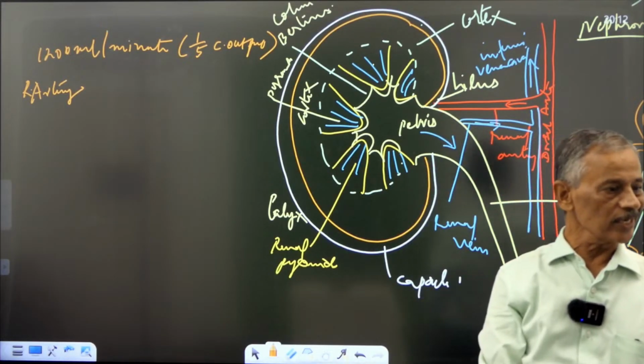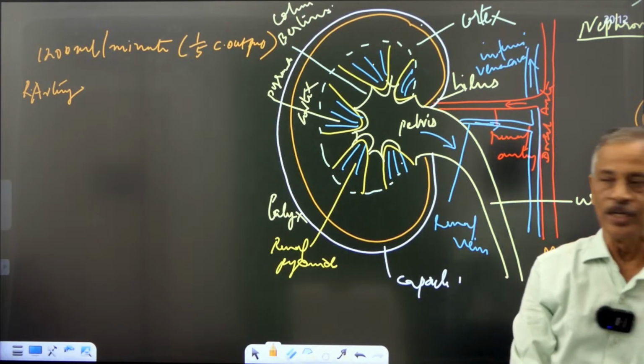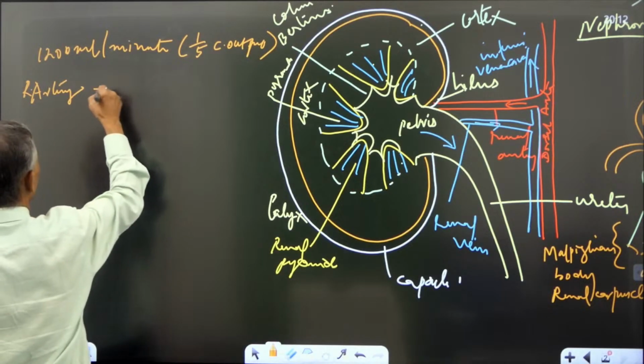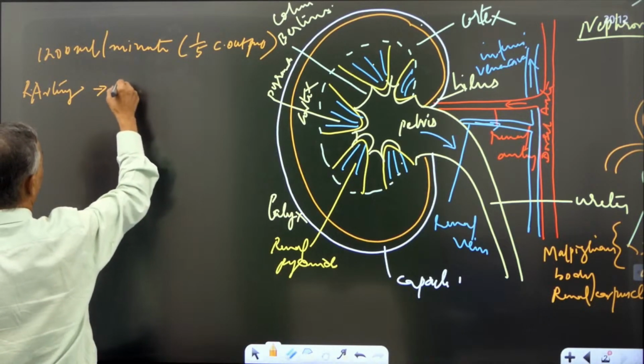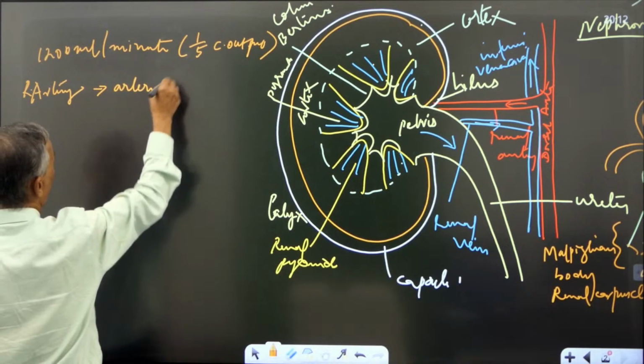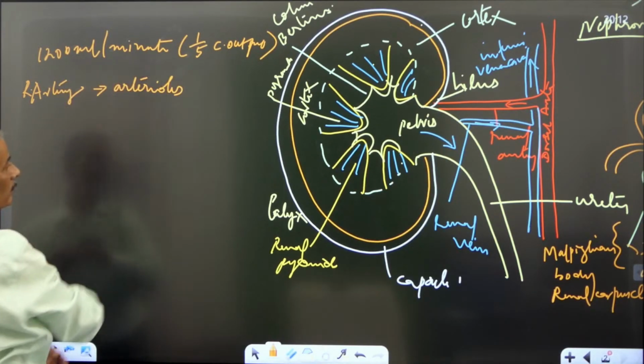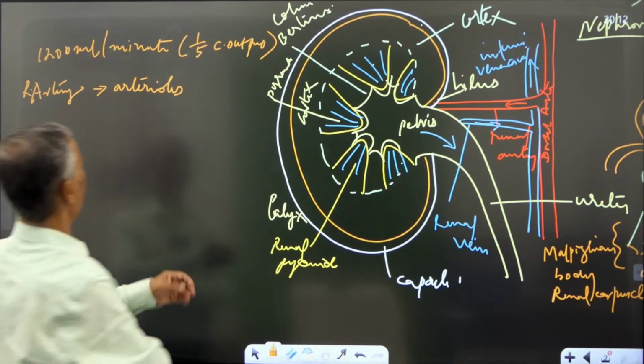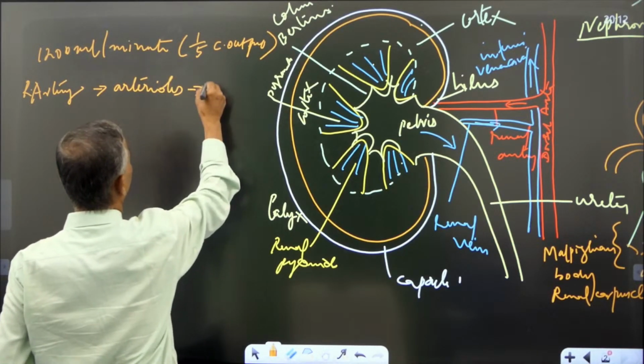After entering the kidney, the renal artery divides into a large number of branches called arterioles. These arterioles again branch into very thin branches which are called afferent arterioles.